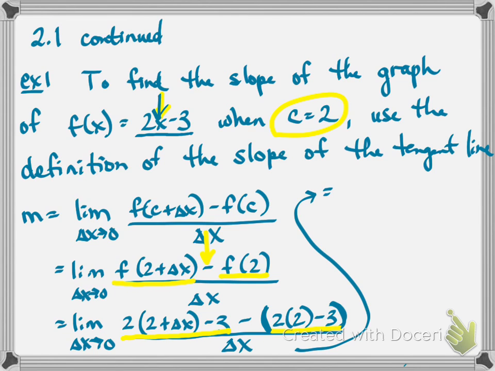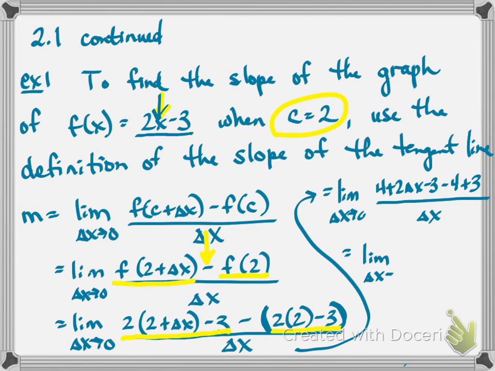So I'll continue up here. So that's equal to the limit, delta x approaches 0. Do some distributing, and we're going to get 4 plus 2 delta x minus 3. Now distribute that negative, and we're going to get negative 4 plus 3 all over delta x, equals the limit as delta x approaches 0 of, let's see, the 4's look like they cancel, and the 3's look like they cancel.